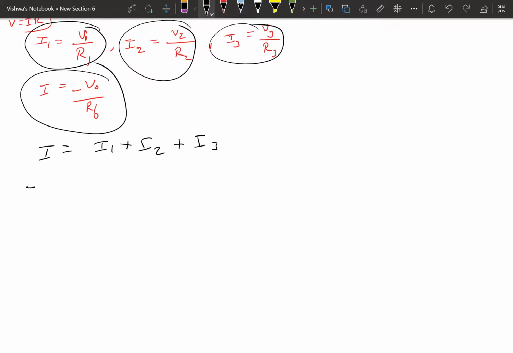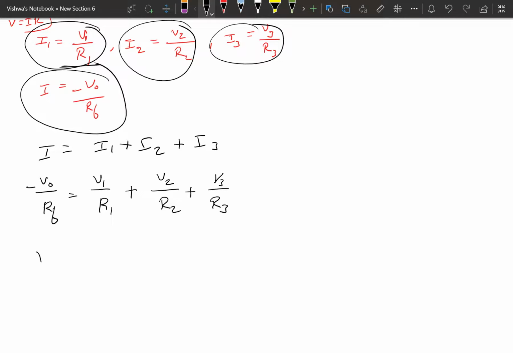Minus Vout divided by RF is equal to I1, which is V1 by R1, plus I2, V2 by R2, plus I3, V3 by R3.